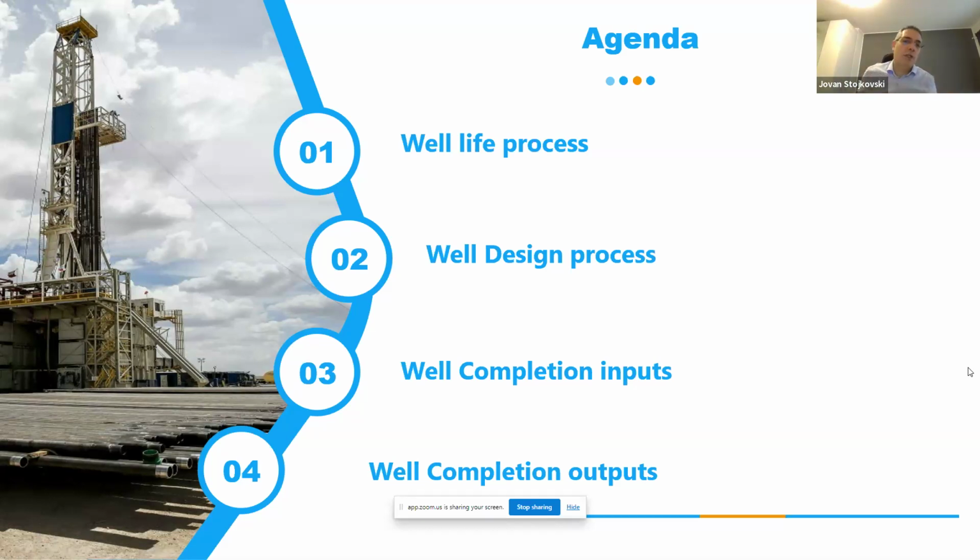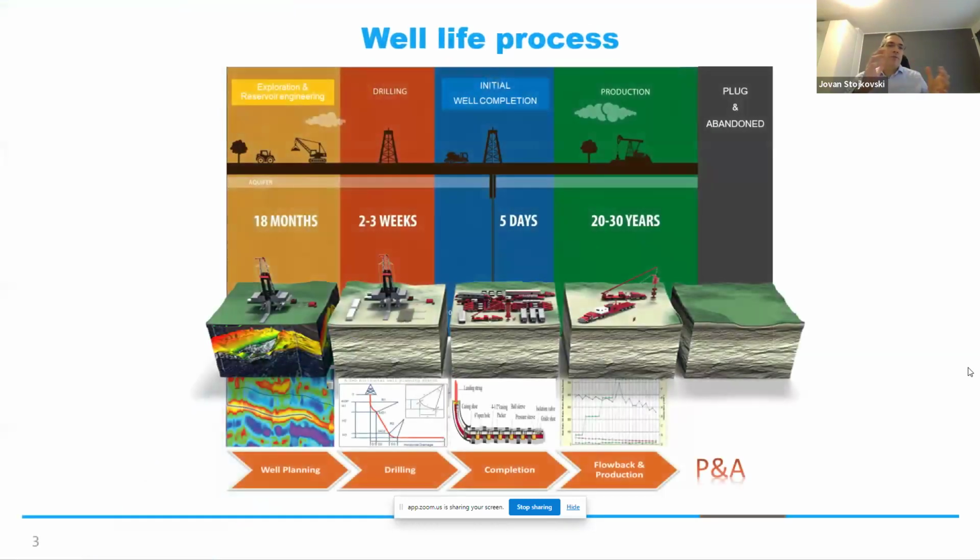So let's go to the journey of the well completion engineer. Let's say the first column, which I will call the basic one, shows how the well life, the process from the beginning to the end, looks.